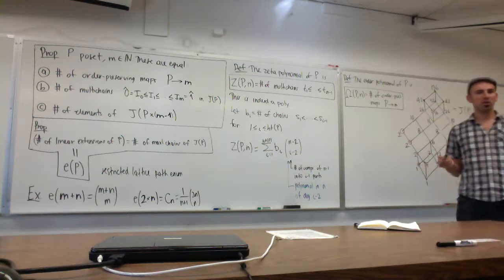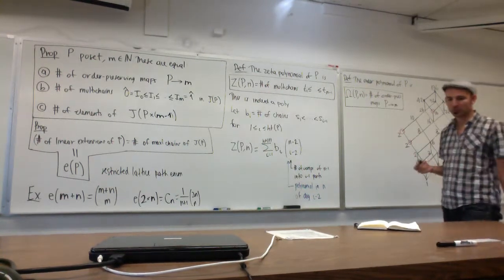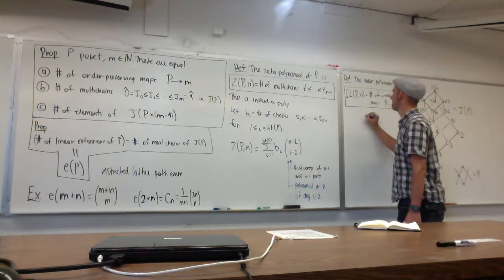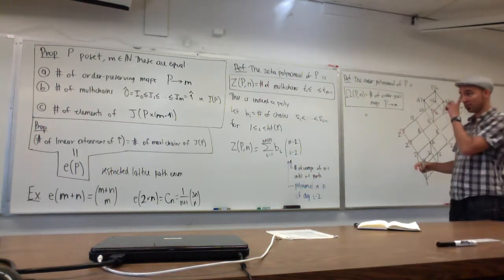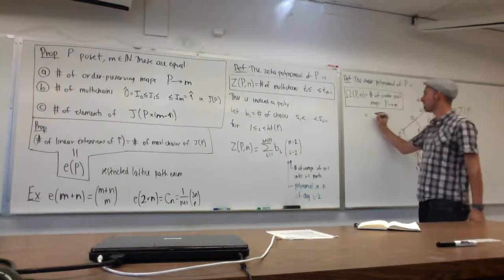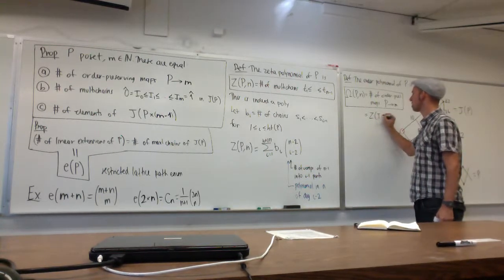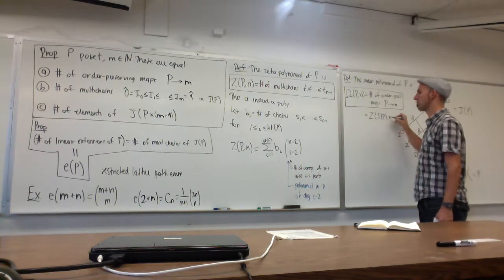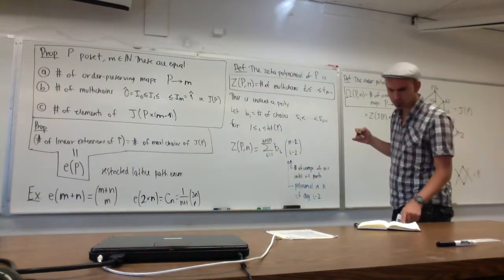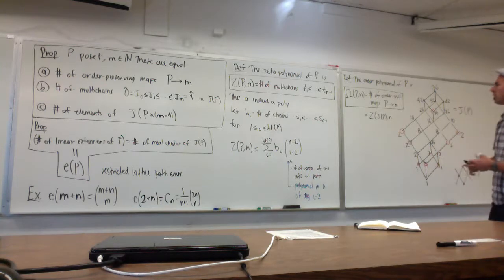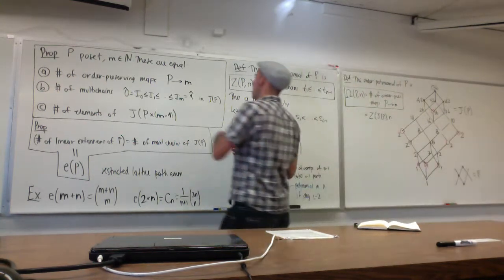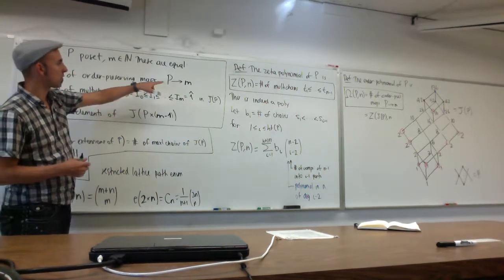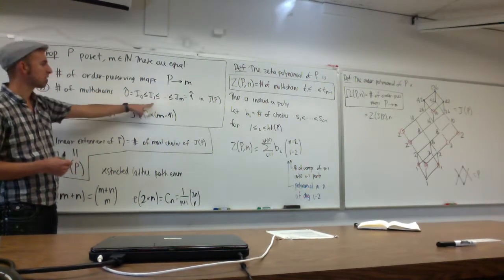Now, why do I call it a polynomial? How do I prove that this is a polynomial? Well, by that theorem, this is the same thing as the zeta polynomial of the distributive lattice at n plus 1. The order polynomial counts this, but that's the same as this.